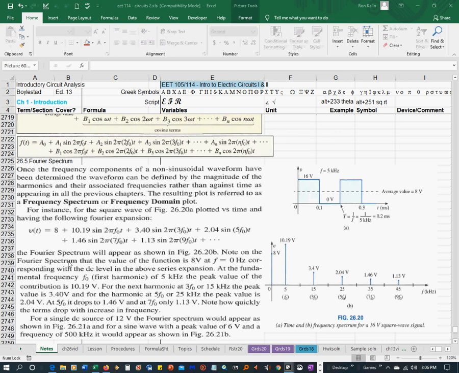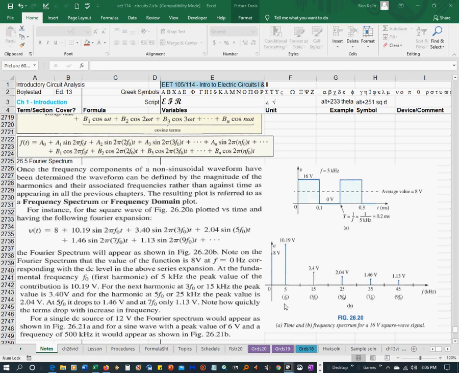The first DC term, the average value, is right here, and it's at a frequency of 0 because it doesn't have a sinusoid. Then at 3f0, the magnitude is 3.4, and then 5f0, the magnitude is 2.04, and you can see how this moves on.